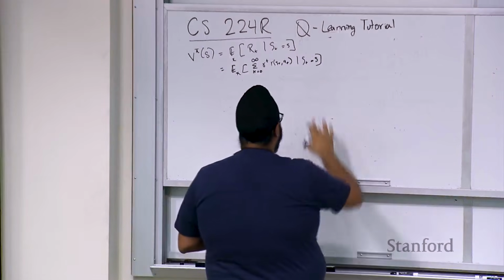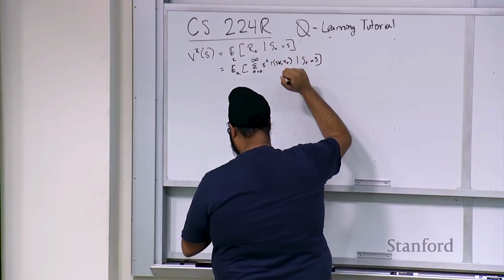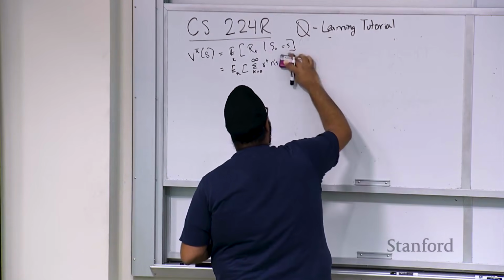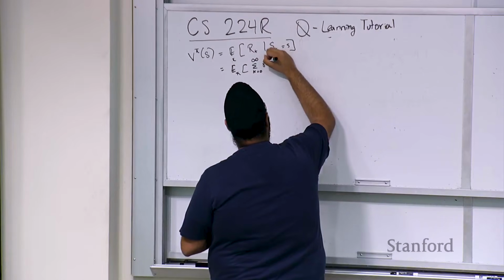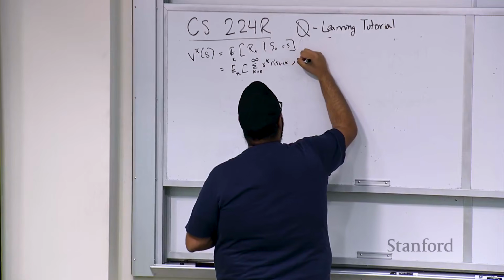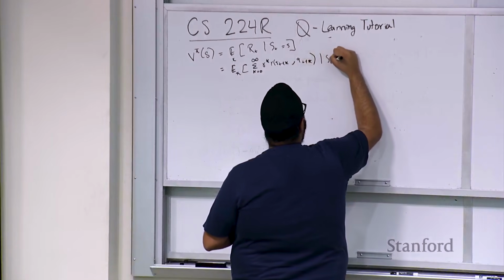And this here is going to be, sorry, I need to take into account k here: gamma to the k, r of s_{t+k} and a_{t+k}, given s_t equals s.